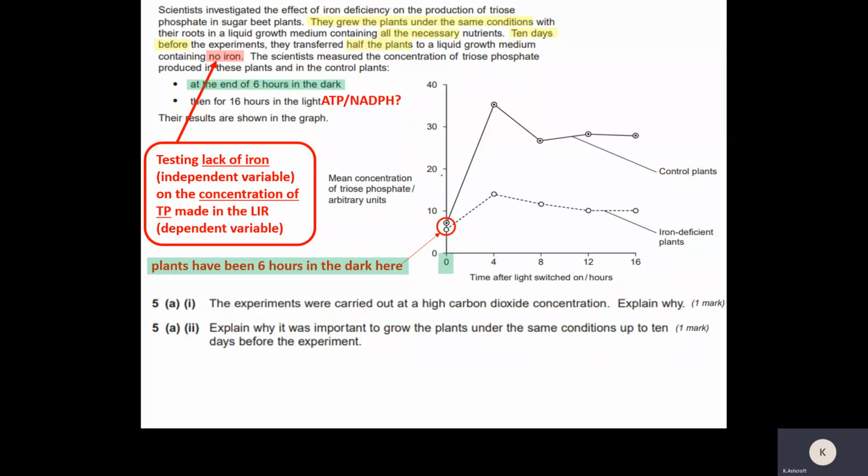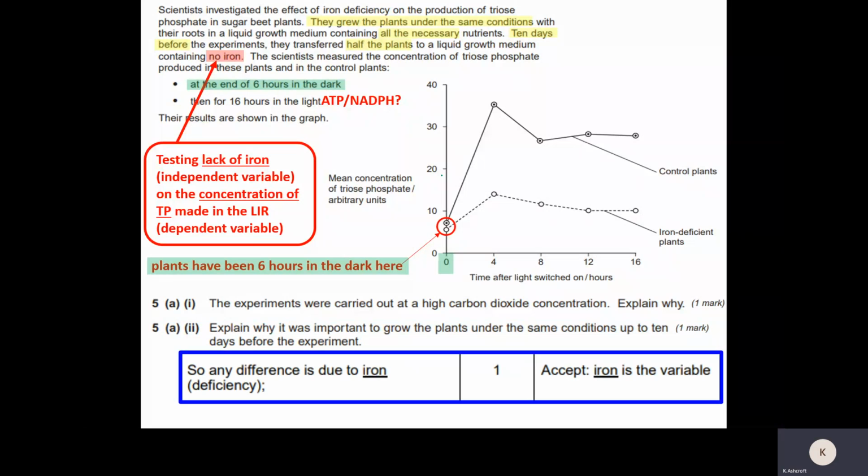That's really important because when you start the growth in the 10-day period without iron compared to with iron, we know that any difference in the mean concentration of triose phosphate in the light is due to the absence of the iron. So that is our independent variable that we're investigating.